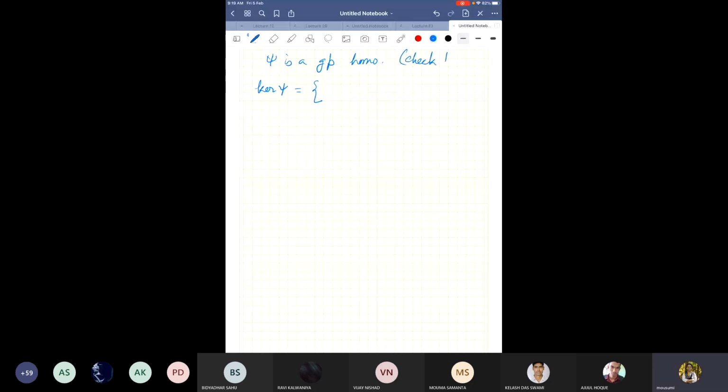And what is the kernel of psi? If you have not checked it, then check it right now. Kernel is all the elements g of the group G such that sigma g will be the identity map, isn't it? What does that mean?